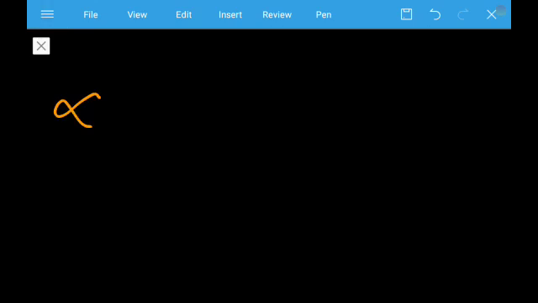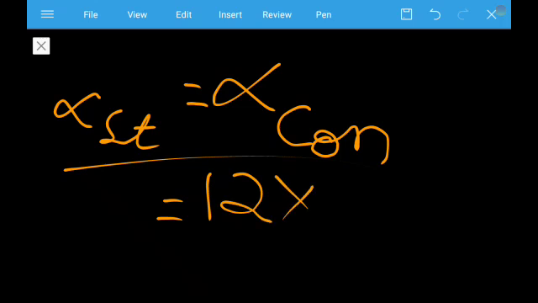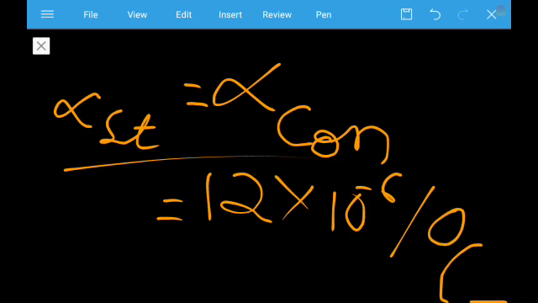Now alpha steel is equal to alpha concrete, both are equal and equal to 12 into 10 to the power minus 6 per degree centigrade. This will be given in the question itself.